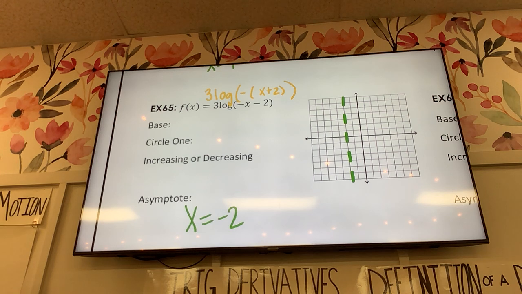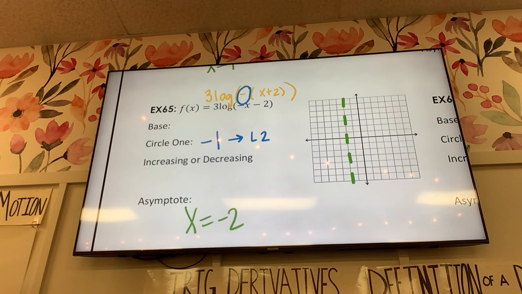Okay, what about my initial condition? My initial condition is going to be -1, but it's going to get shifted left 2. Which makes sense because your initial condition is -1, so it should be on the left side of your asymptote. Having your initial condition be negative is going to flip it on the other side of your asymptote.